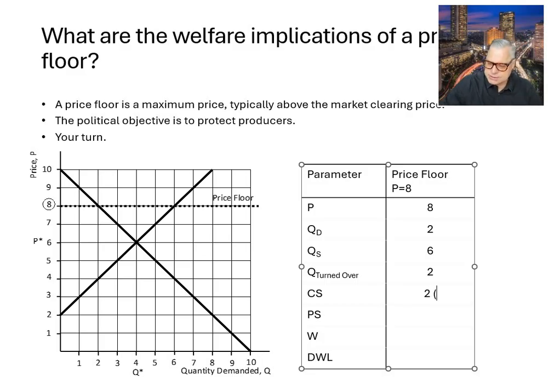And we said that's a reduction of 6. The producer surplus we said was 10. That was an increase of 2. So now total welfare is 12, but that is still a loss of welfare of 4. So the deadweight loss is 4.